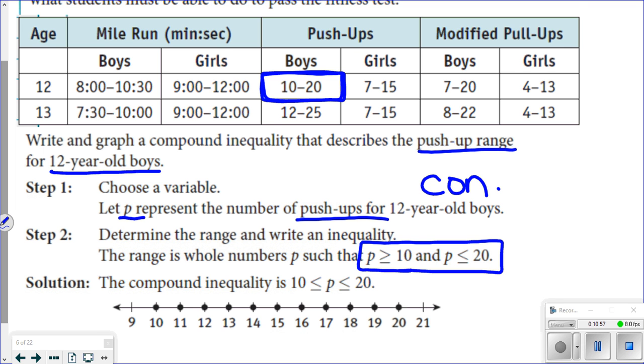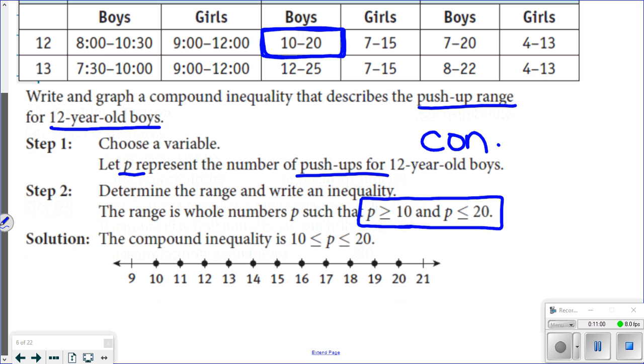My lowest number of push-ups here is 10. My highest, or my maximum, amount of push-ups is 20. And I can be anything in between those two. So notice we're going to put P in the middle, and then pay attention to your signs. P is greater than or equal to 10. P is less than or equal to 20.